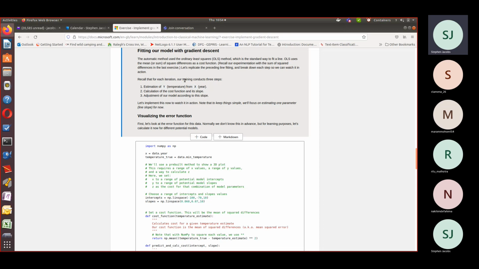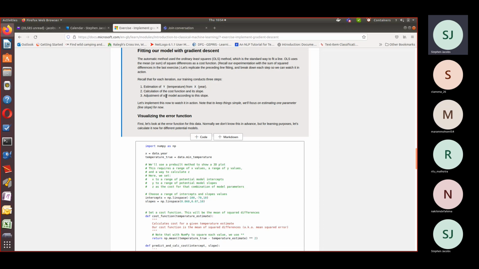Recall that for each iteration, our training conducts three steps: estimation of y, calculation of the cost function, and adjustment of our model. So it's estimating the temperature from the year. We put in the year and we get back the temperature. We know a lot of values that are real values, our ground truth.